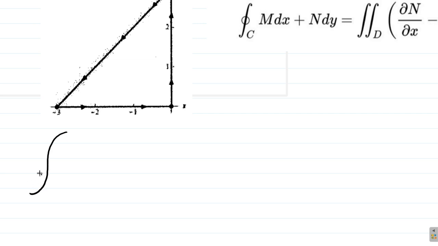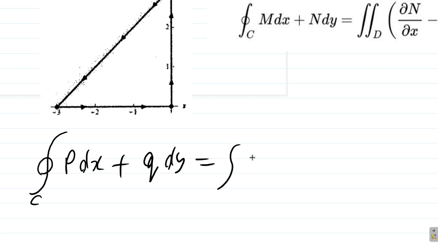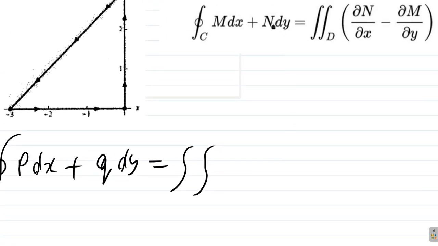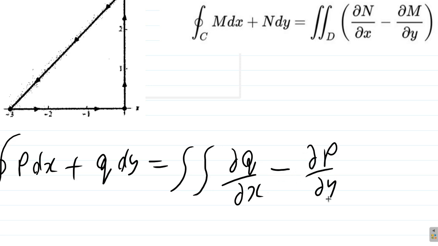So it's the integral around a closed curve of p dx plus q dy is equal to the double integral of partial q by partial x minus partial p by partial y.